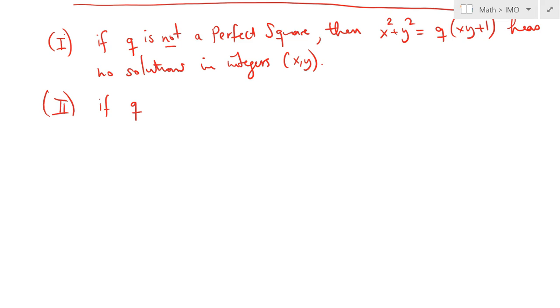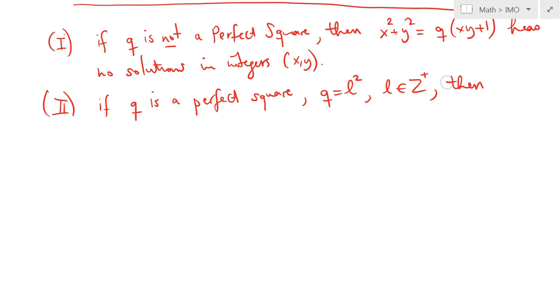So I'm taking this from his book, and here is his claim. So if q is actually a perfect square, like the one that we did together, and L is a positive integer here, then we can characterize all the solutions in the following manner.